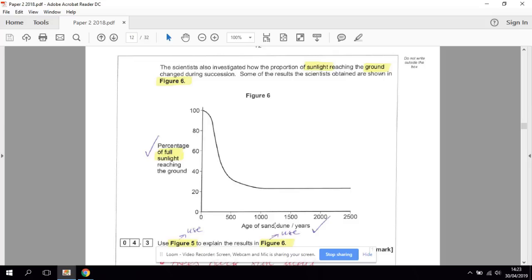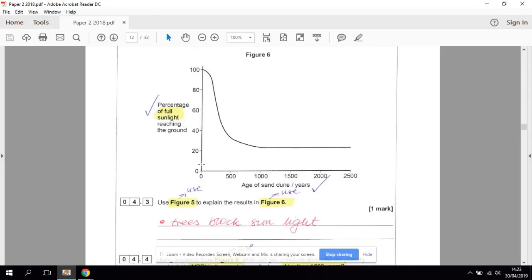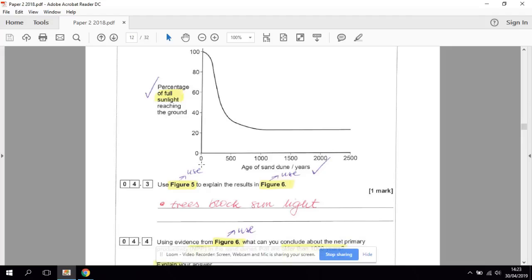So using figures 5 and 6, what we just looked at, you need to explain the results. As you can see here, the sunlight goes down from 100% to like 25, let's say. So what happens here, how is it possible? Because the trees are blocking the sunlight.